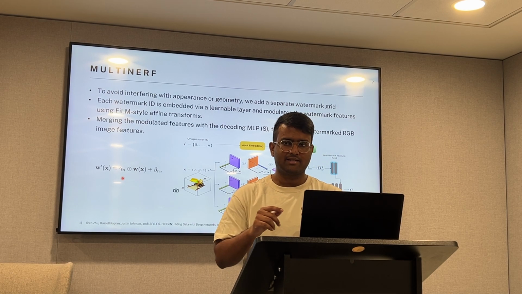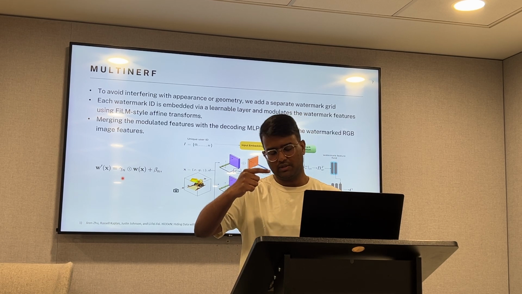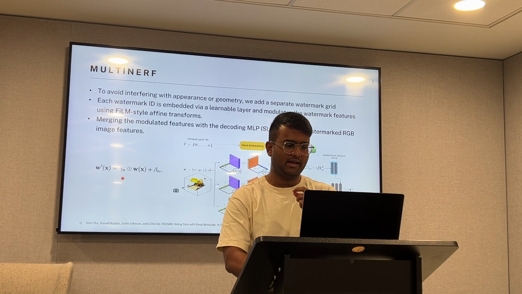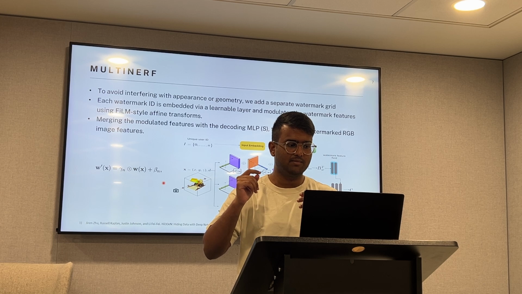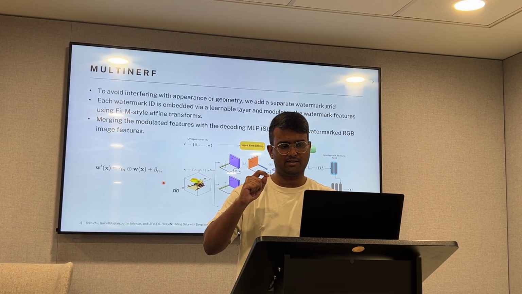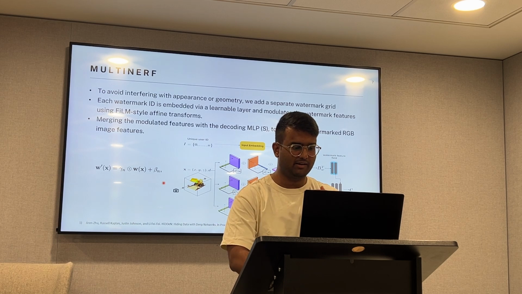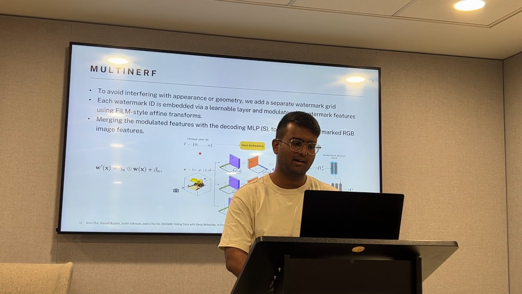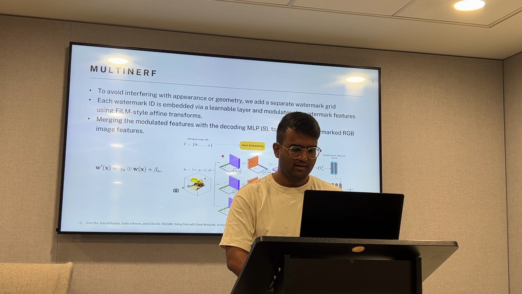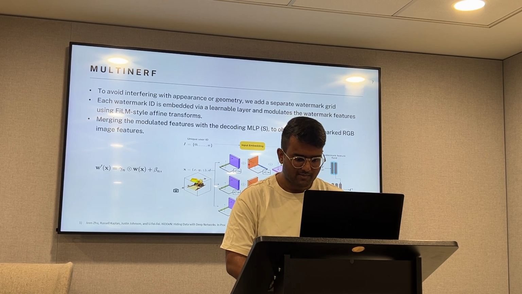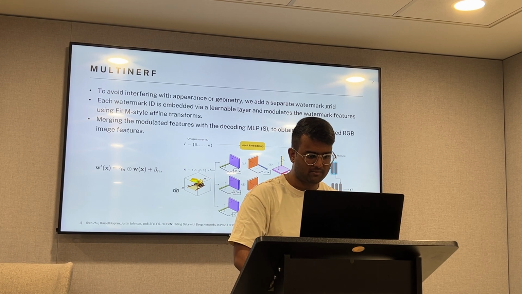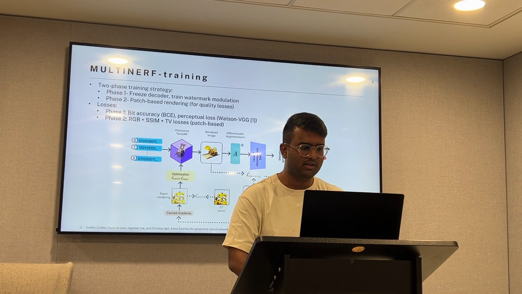The gamma acts as a scaling term for the watermark features, and the beta acts as the shifting term. So this acts as a switch between the different watermarks according to the input IDs. So that is the architecture.